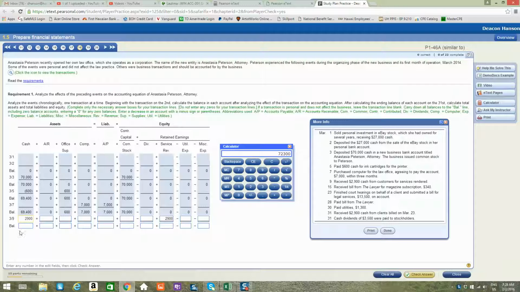Now, I'll show you a little trick. If you put your cursor where you want that number to be, so I want it to be in the balance box here, see, my cursor is blinking, and I have that number in my calculator, all I have to do is hit this little backwards L arrow, and it drops that 72,300 into the field that I had my cursor in.